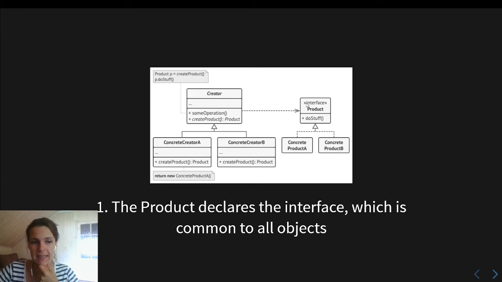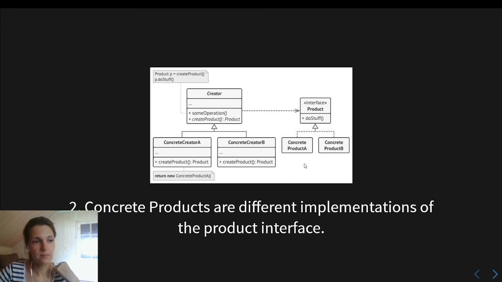So here we have a product, which declares the interface common to all objects that can be produced by the creator and its subclasses. It's like the transport interface in our previous example. We have concrete products, which are different implementations of the product interface, like truck and ship objects.